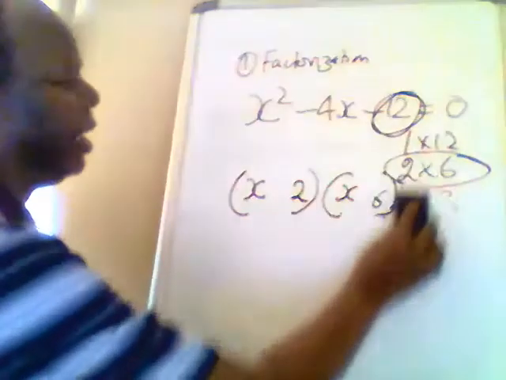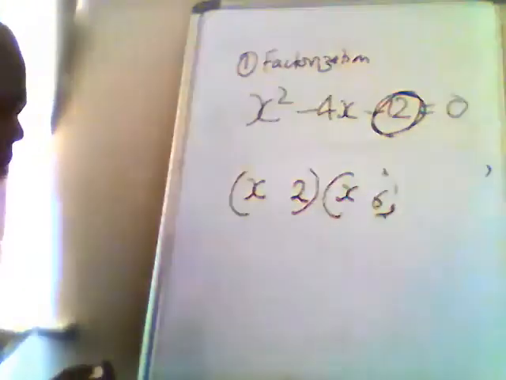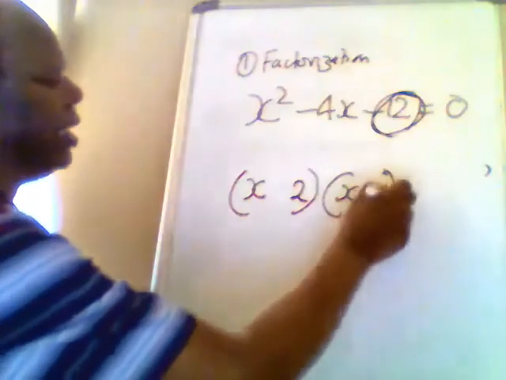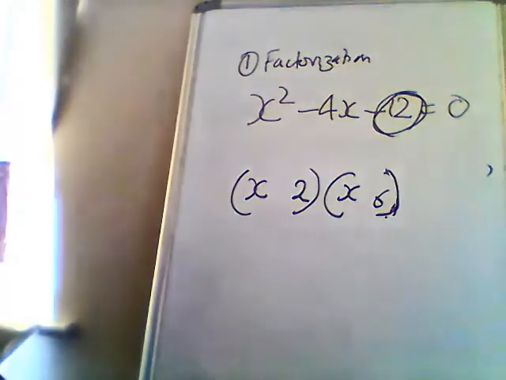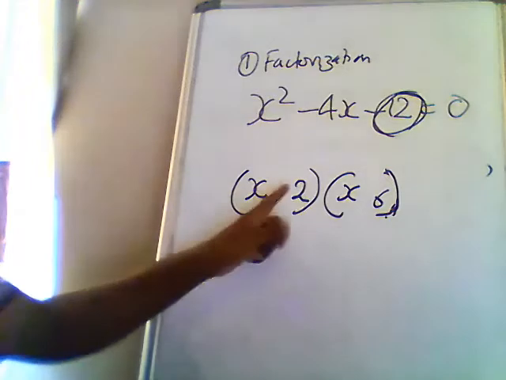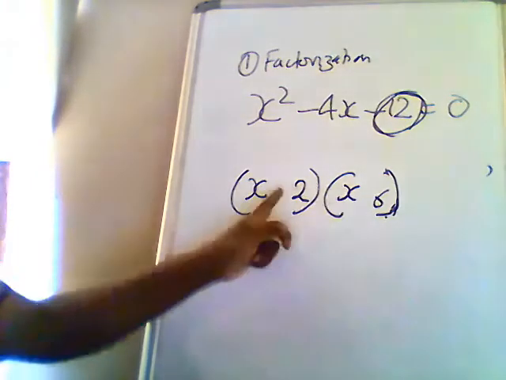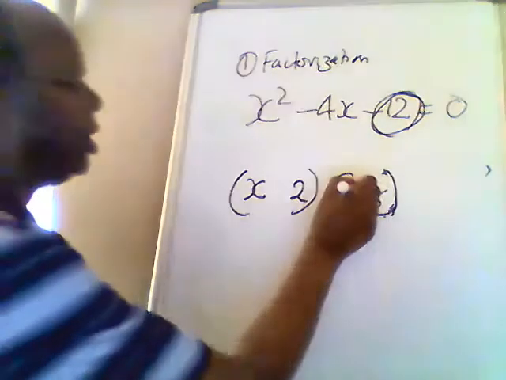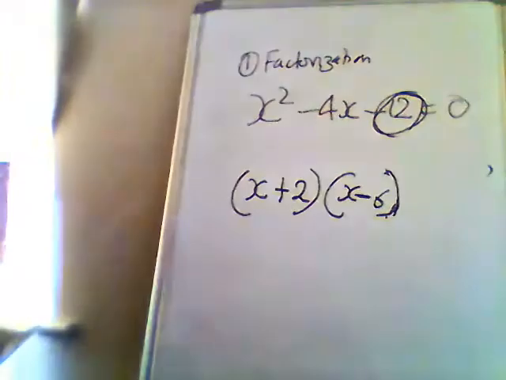I know if I add 2 plus 6, it is going to give me 8, but that's not what I'm interested in. What I'm interested in is the difference between the two, and that difference should give me minus 4. Therefore, if I subtract 6 from 2, 2 minus 6 is going to give me minus 4. So which means 6 is going to be negative, and the 2 is going to be positive.